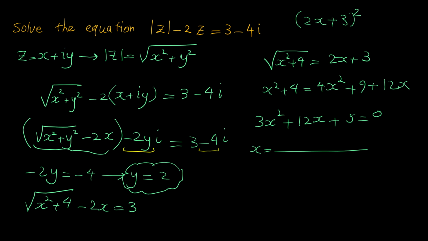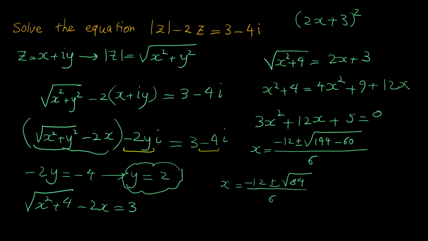For finding x from this equation, we can use quadratic formula. Based on the quadratic formula, x equals -b, -12, plus minus radical b² would be 144, minus 4 times 3 times 5 would be 60, divided by 2a would be 6. So finally x equals -12 plus minus radical 144 minus 60 is 84, all over 6.